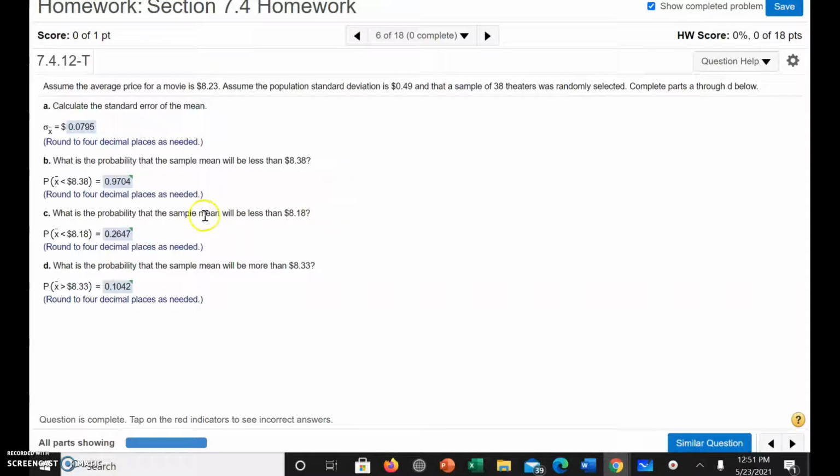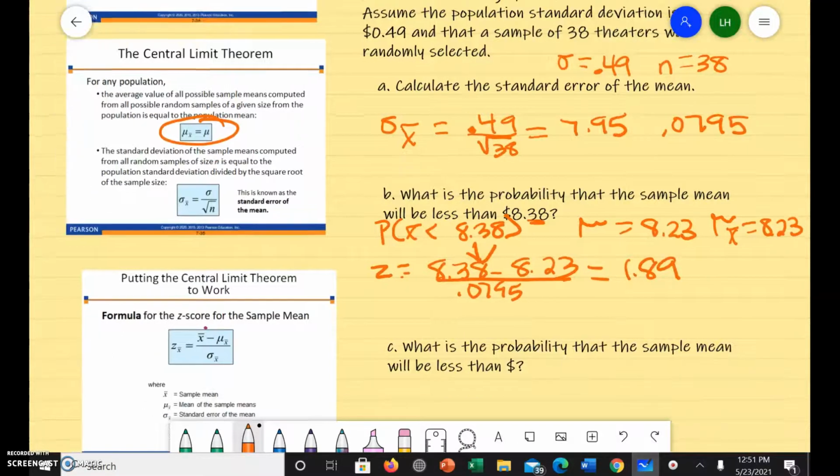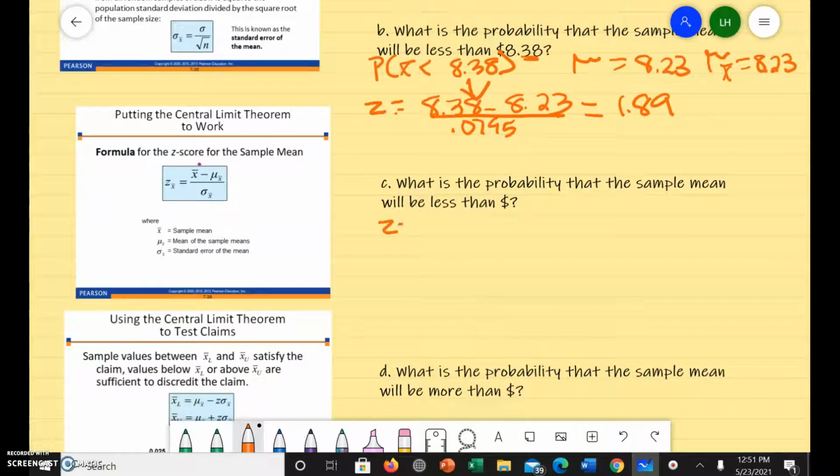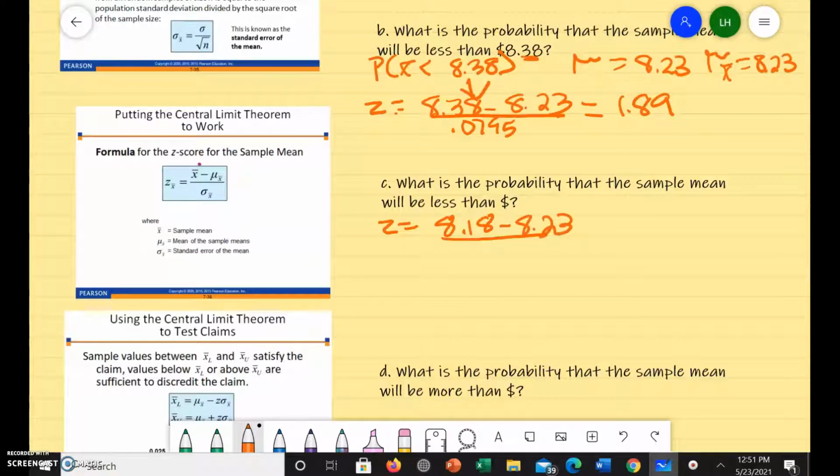What is the probability that the sample mean will be less than 8.18? You will do the same thing that we just did, except now we're going to do 8.18 minus 8.23 divided by 0.0795. Let's see what that would be.